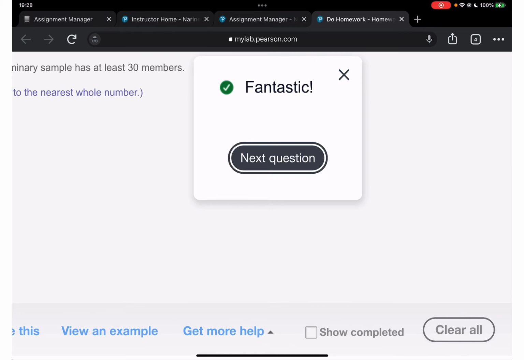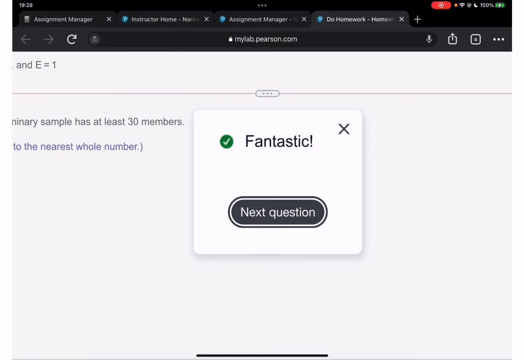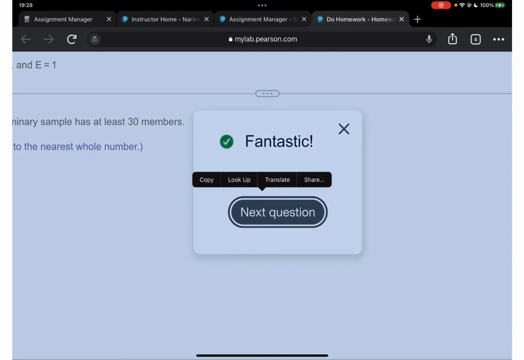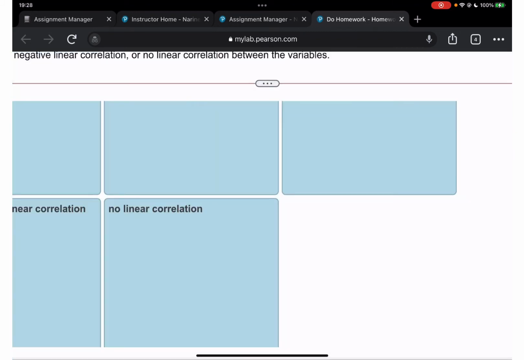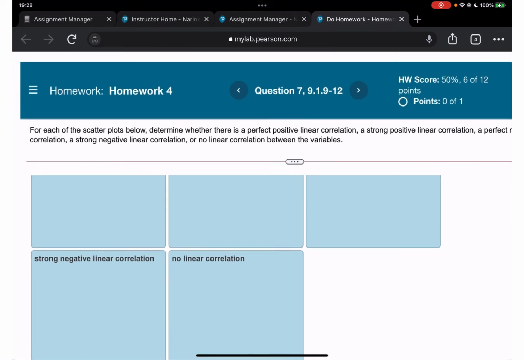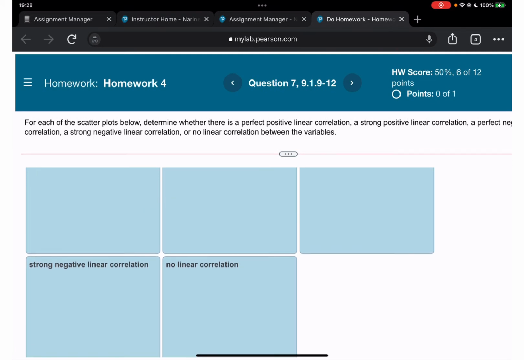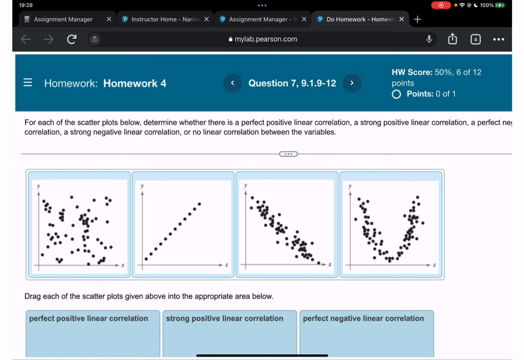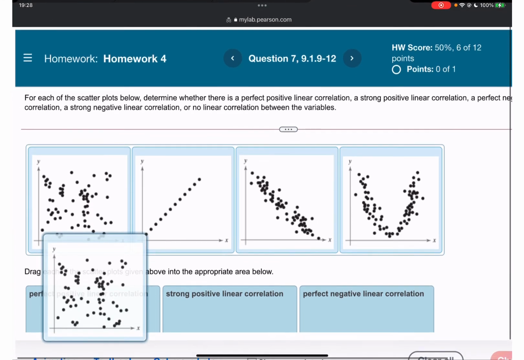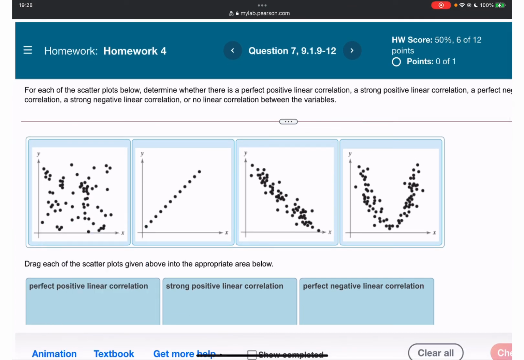Okay, what is the next question? Moving to scatterplot. Okay, we are going to match the scatterplot. Scatterplot is a form of graph that is used a lot in psychology.